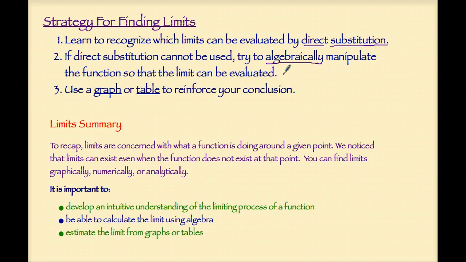The two techniques you learned to do this were the dividing out technique and the rationalization technique. Further, it's possible that a trigonometric function can be manipulated so that you are able to use one of your two special trigonometric limits. Third, use a graph or table to reinforce your conclusion.